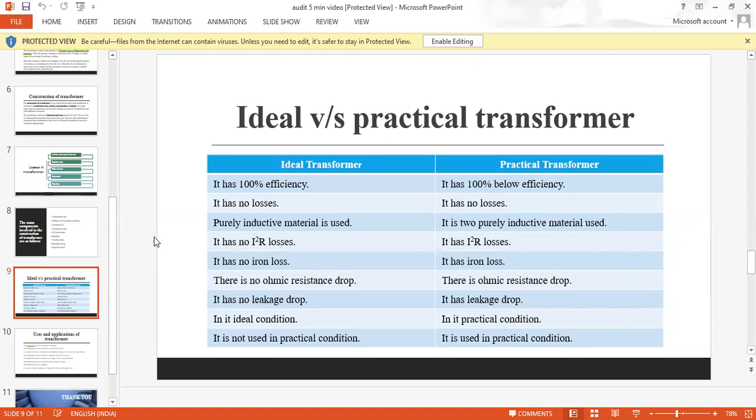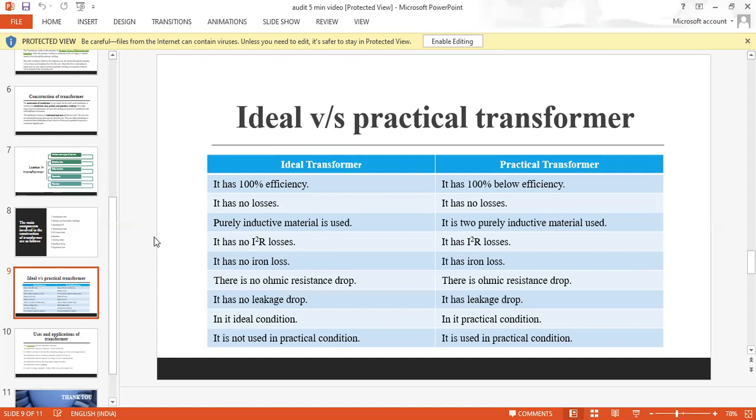Whereas the practical transformer is the one that works in our daily life. It is applied in our daily life, and its efficiency is not greater than 100%. We well know about it. It has losses, and it is not a purely inductive material. It has I square R losses, which is nothing but the power losses in it.